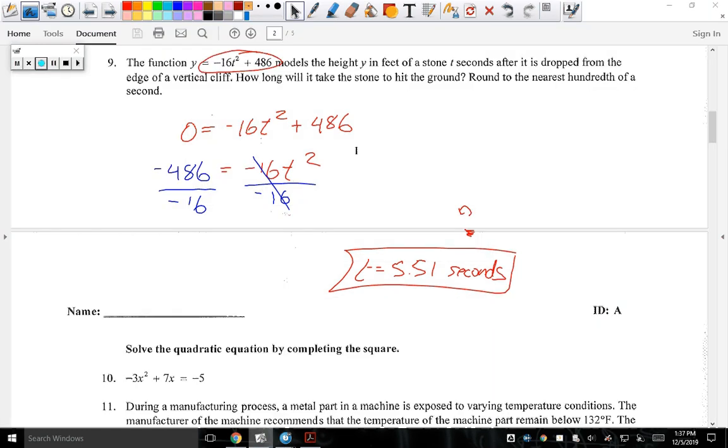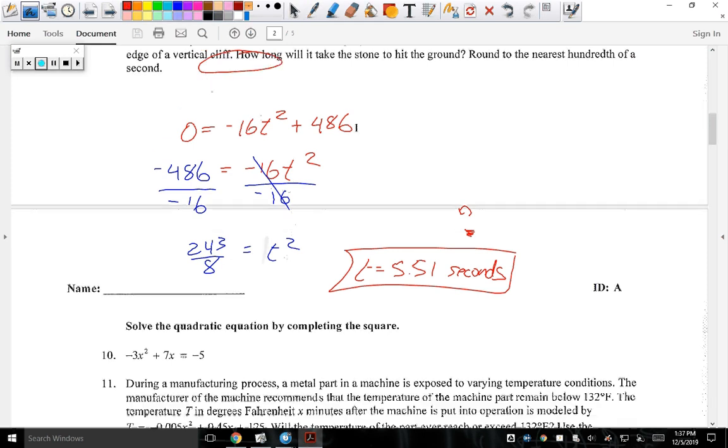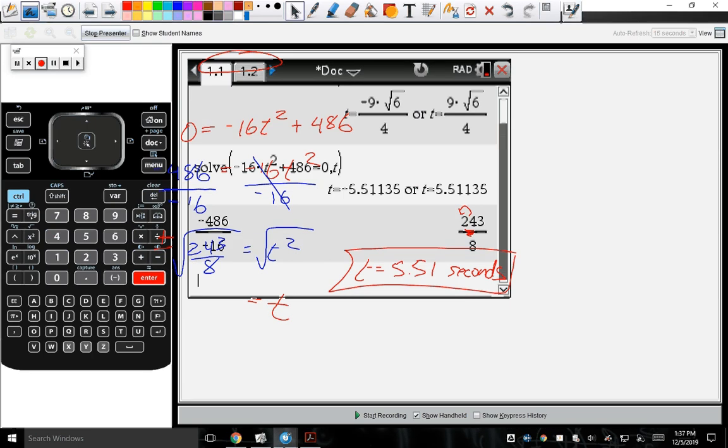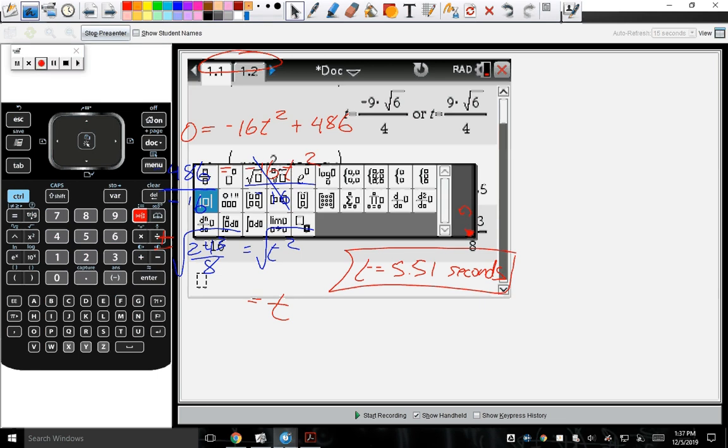Okay? And now, 243 over 8 is equal to t squared. And yes, you would just take the square root of both sides right now, keeping in mind that when you do, there's a plus or minus over here. So taking the square root, I'm going to press that key, go up to the square root.